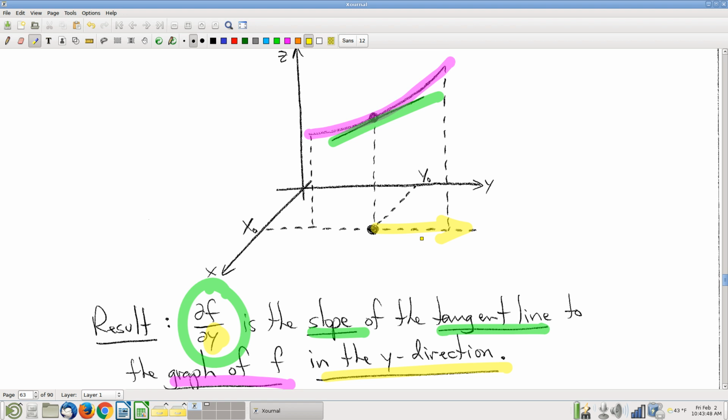There is only one tangent line. Here, there's lots of different directions in which you can take cross sections, and we're picking one arbitrarily. We're going to look at a cross section in that y direction, and look at the tangent line in that direction. So there's something a little different about it, but it's very familiar as a concept.